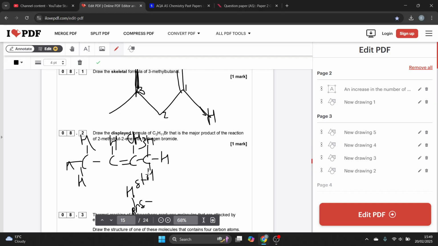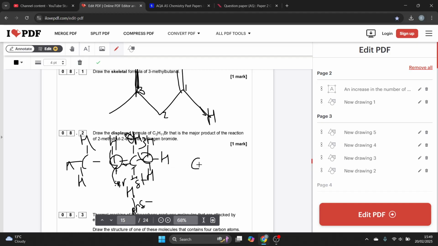Well, it says major product, so which one is going to be bonded to? Let's say the hydrogen's here, and you move the double bond and you get the carbocation here, lone pair of electrons, Br minus bonds here, that's a secondary carbocation. But if it was here, well, that's a tertiary carbocation, so that's going to be the major product.